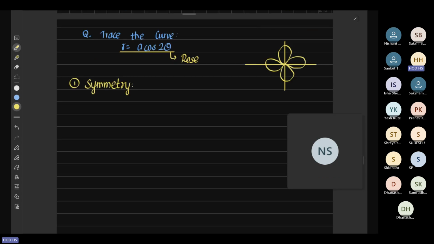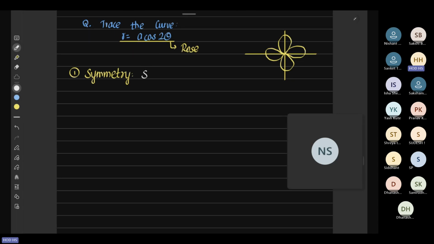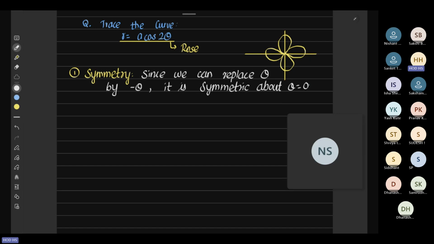So let's discuss the symmetry. Notice that in r is equal to a cos 2 theta, we can replace theta by minus theta because the cos function is there. So since we can replace theta by minus theta, it is symmetric about theta is equal to 0.